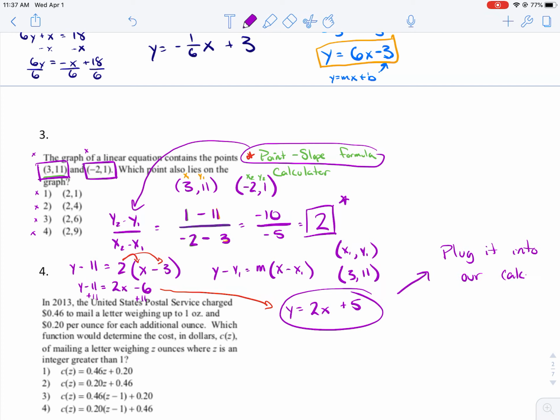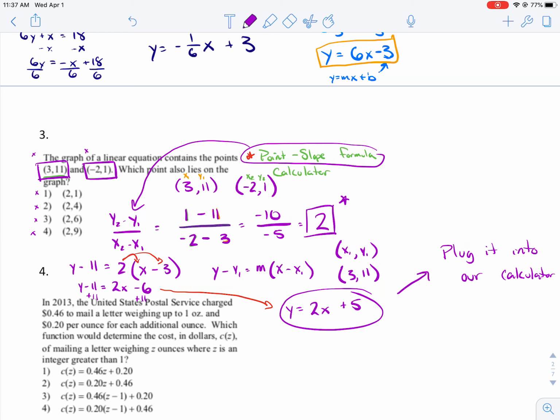Now, we're going to take this equation and plug it into our calculator. Okay? Let's take that equation, plug it in your calculator. Y equals 2x minus 5. And don't go to your graph, go to your table.